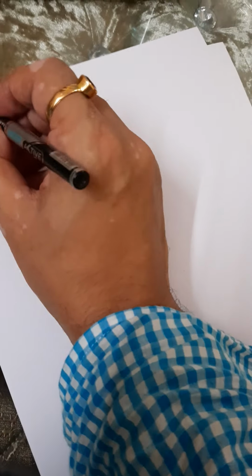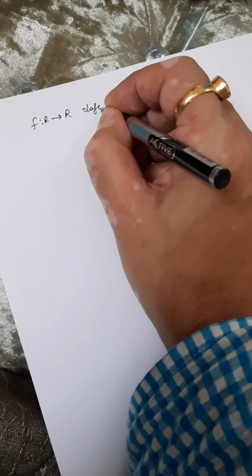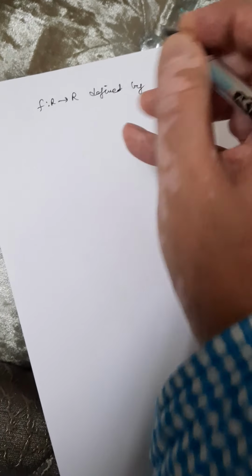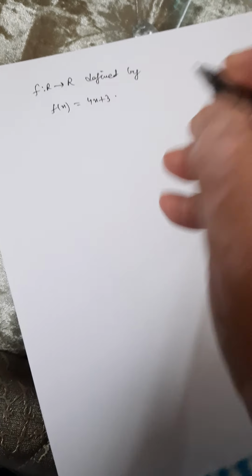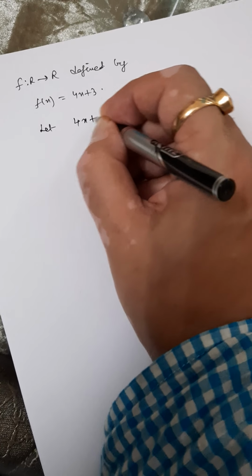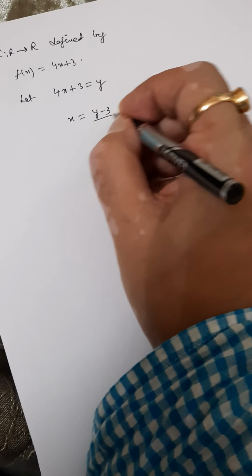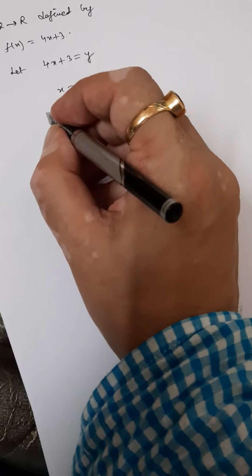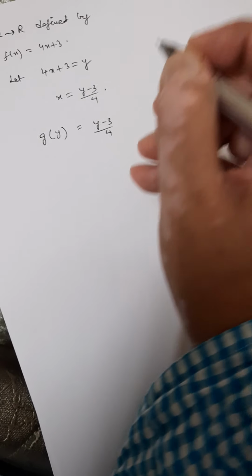Now you have f from R to R defined by f(x) equals 4x plus 3. You will write, let 4x plus 3 equal y. So x is (y minus 3) by 4. Now suppose g(y) equals (y minus 3) by 4.